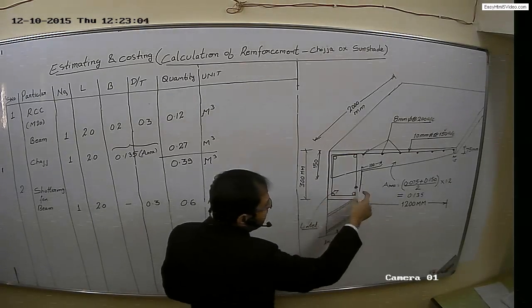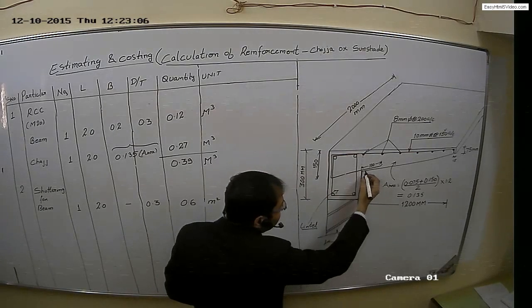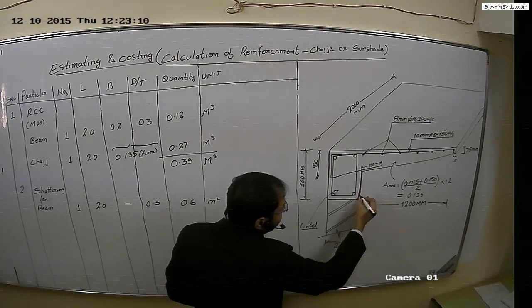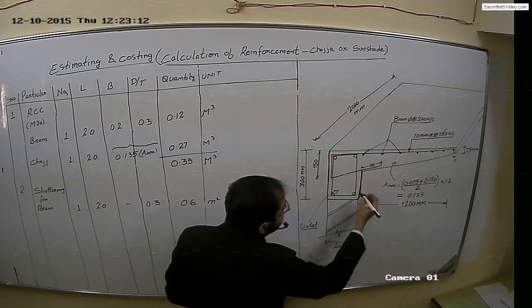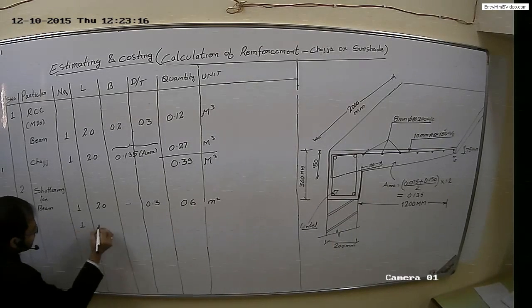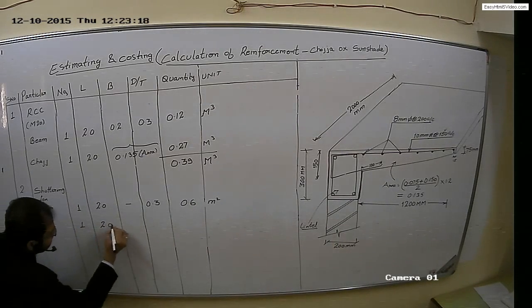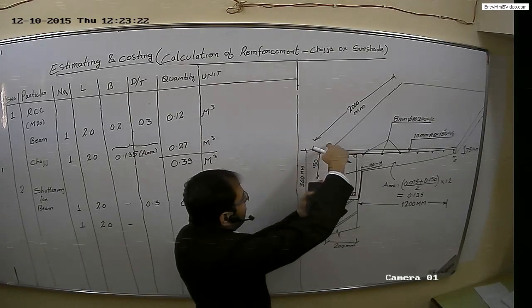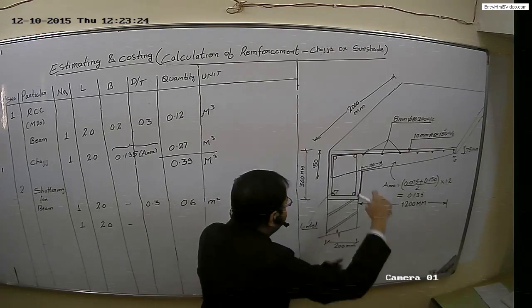Now coming to the another face. Now we'll consider this particular face. Length of the beam is again 2 meter. There is only one face. Here the depth will be 300 minus 150, which is again 150.